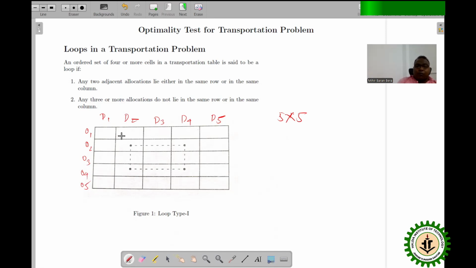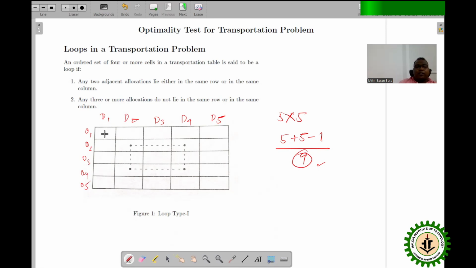After the allocation, the total number of allocations is 5 plus 5 minus 1, which means a total of 9 allocations. Here there are 25 cells, so 9 allocations are done.